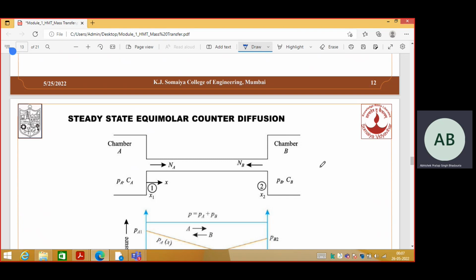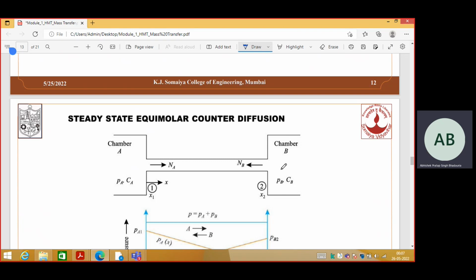Basically what is going on here, you can see the chamber A and chamber B. We can say the equimolar counter diffusion between the species A and B of a binary gas mixture can be defined as the isothermal diffusion process in which each molecule of the component A is replaced by each molecule of component B, and vice versa.